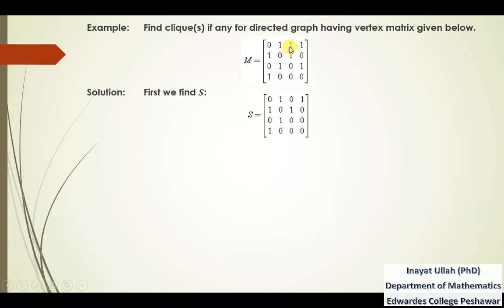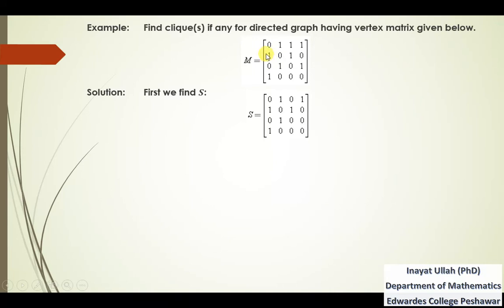This is M14 and this is M41. So these two are equal, so this entry in S will be equal to 1.